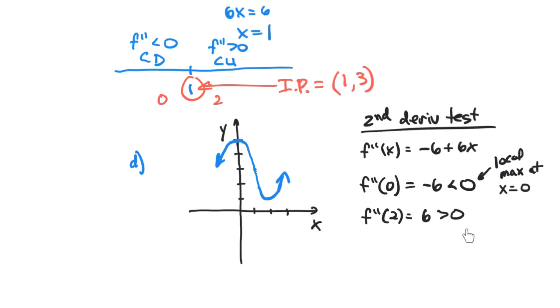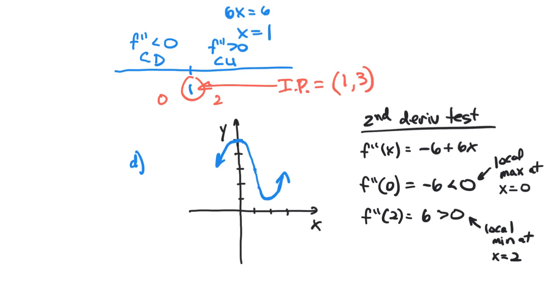So that means there is a local minimum at x equals 2. And of course, to find the local maximum, you just plug in 0 into the function like we did to get the 5. And to find the minimum, you plug in 2 into the function like we did to get a 1. So 0 goes into the function to get the 5.